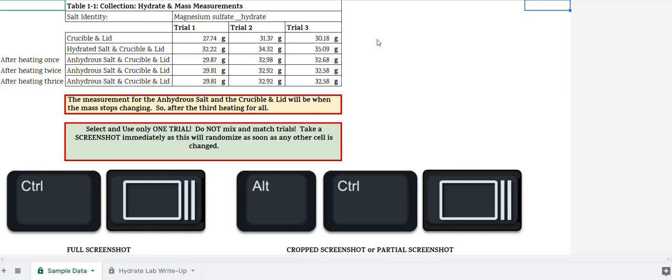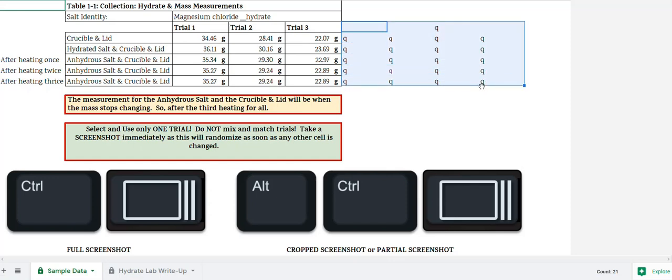Let me show you why we needed to take a screenshot. Any little change or adjustment will change what is in each of the cells. It's randomly generated data that allows each student to have their own version of the lab. But if I decide I'm going to start working from what's written right here, it says calcium chloride.